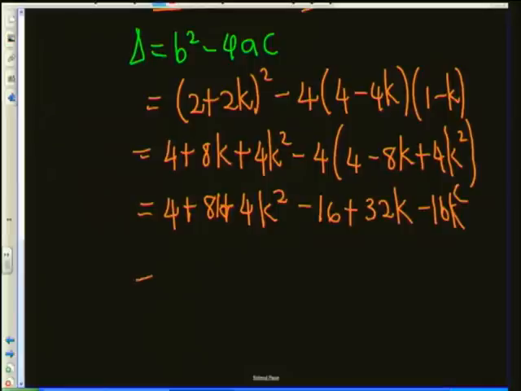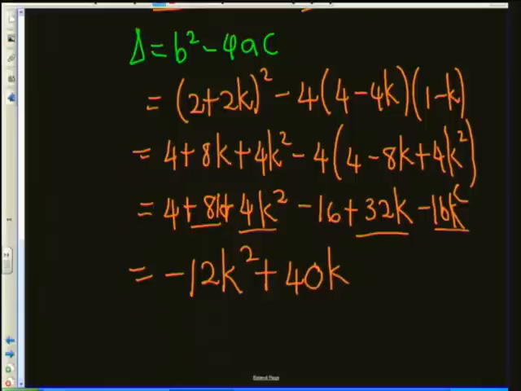Let's add like terms there, right? So if you do the k squareds, so it's 4k minus 16k, so it's going to be minus 12k squared. And if you do the k's, it's going to be 8k plus 32k, that's going to be plus 40k.